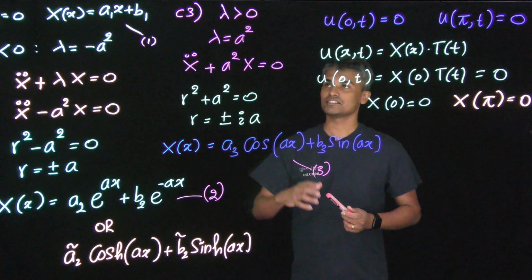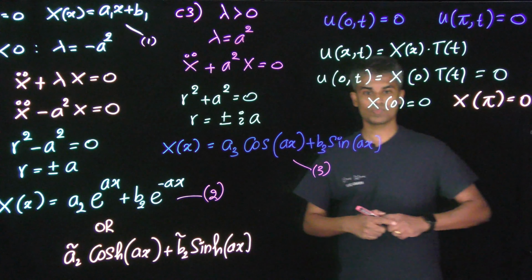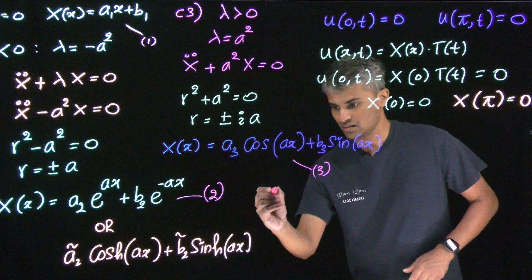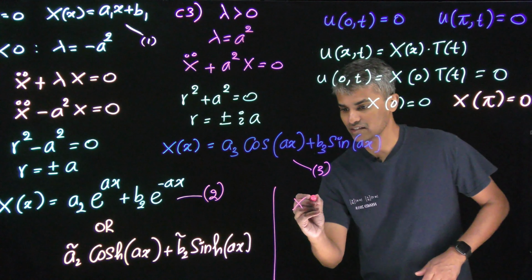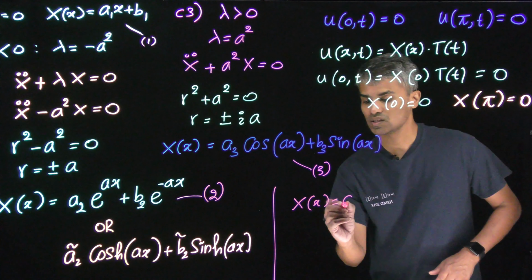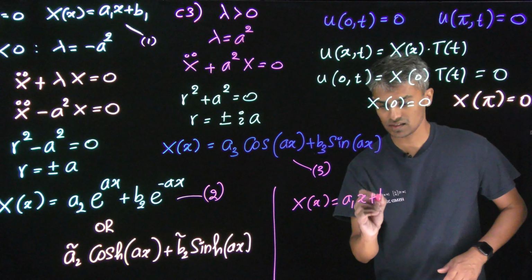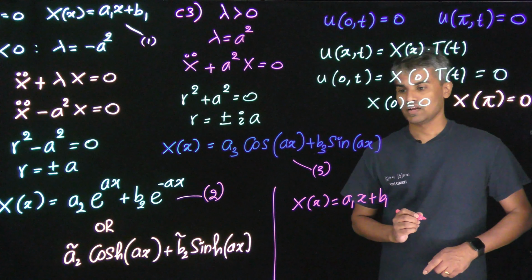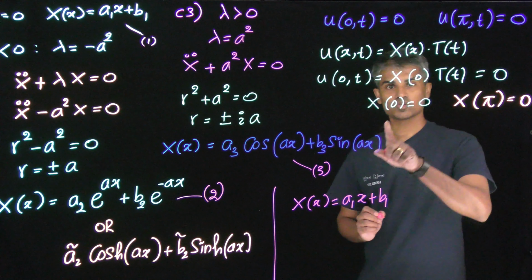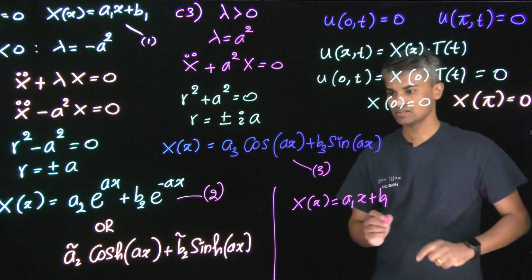Let's consider the first equation. Big X of x equals a1 x plus b1, and big X of x should satisfy these two boundary conditions.